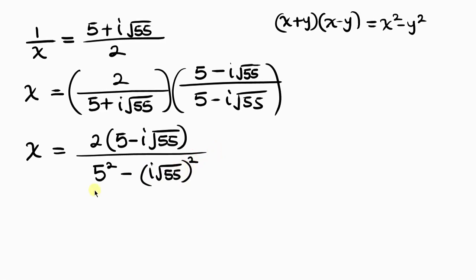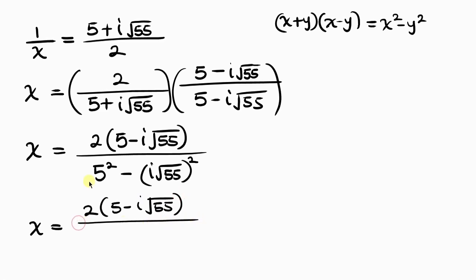So this simplifies into x equal to 2 times 5 minus i times the square root of 55 all over 5 squared, which is 25, minus, well, this expression is the same as i squared times the square root of 55 squared. Very good. And we all know that i squared is equal to -1. Very, very important.